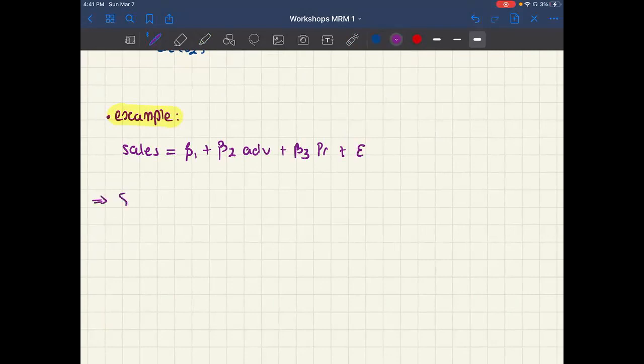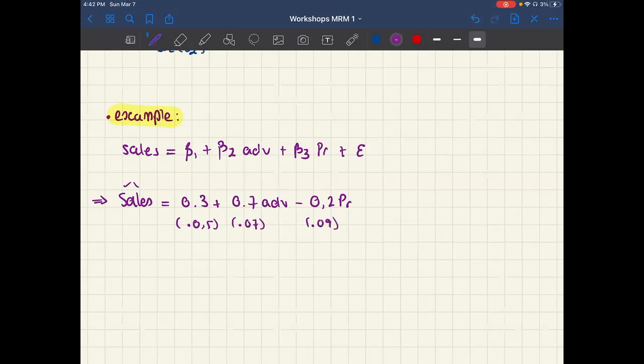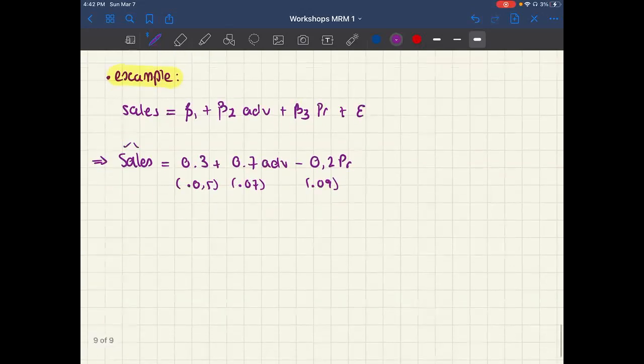And we estimated that by sales hat, because that's the estimate, equal to 0.3 plus 0.7 advertising, minus 0.2 price. And with the error terms 0.05, 0.07, and 0.09.